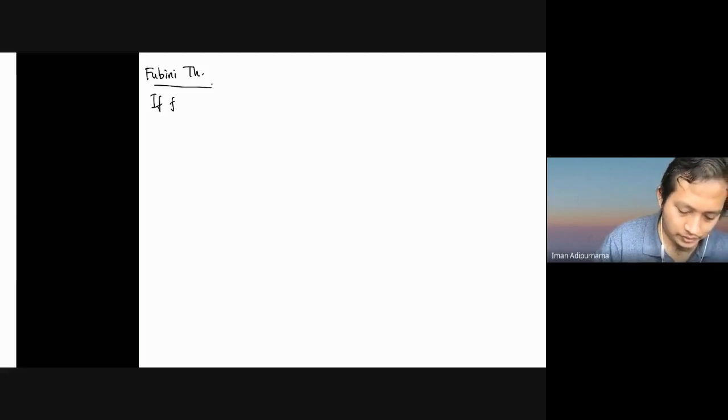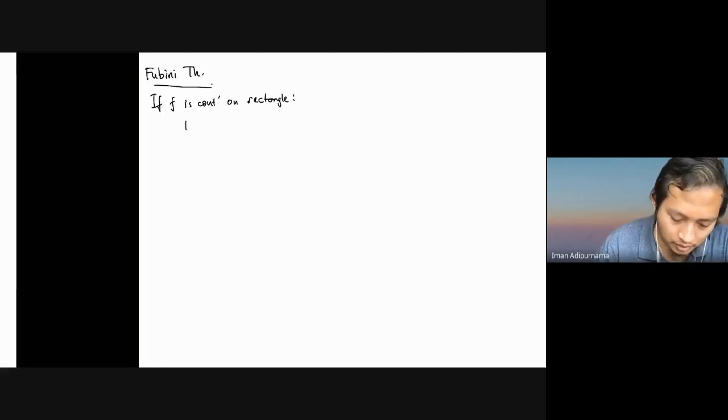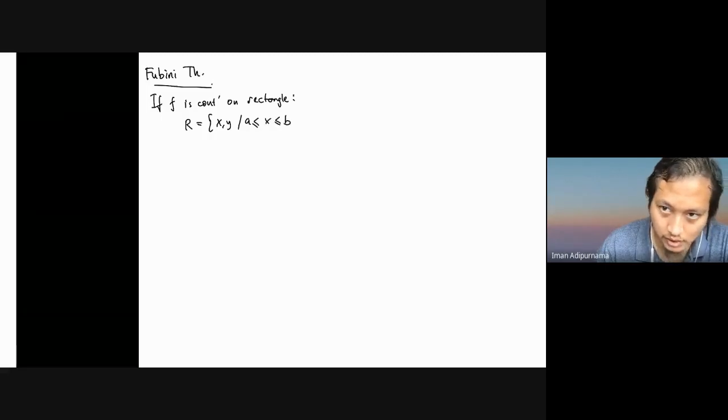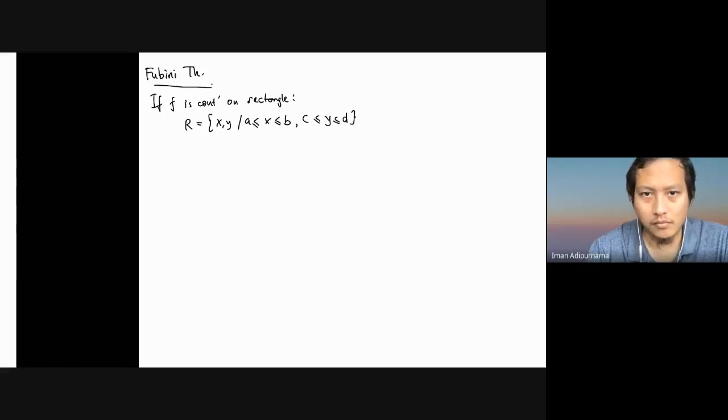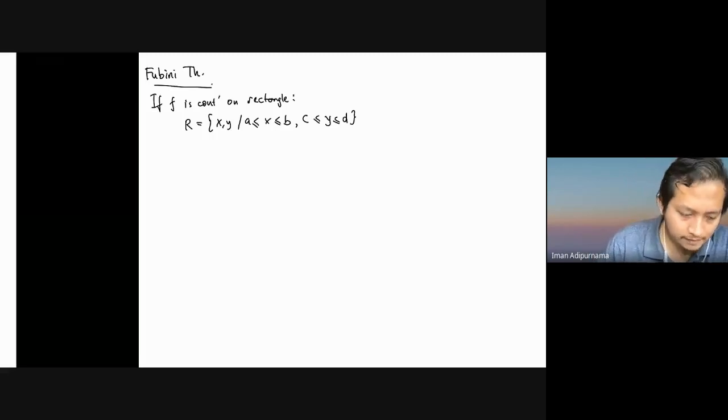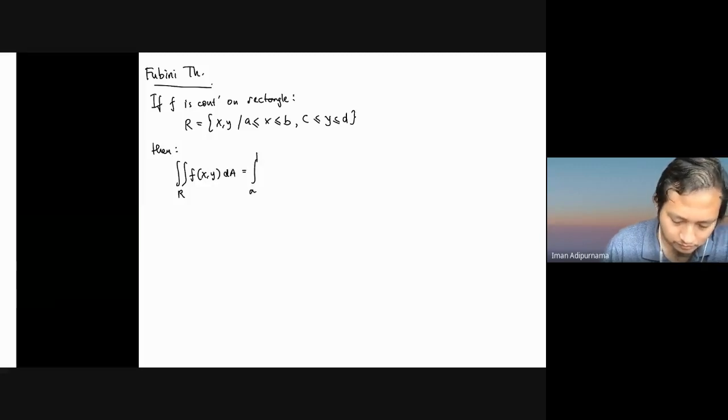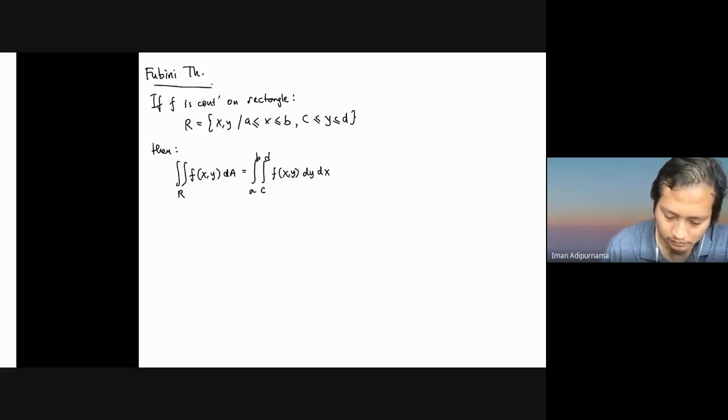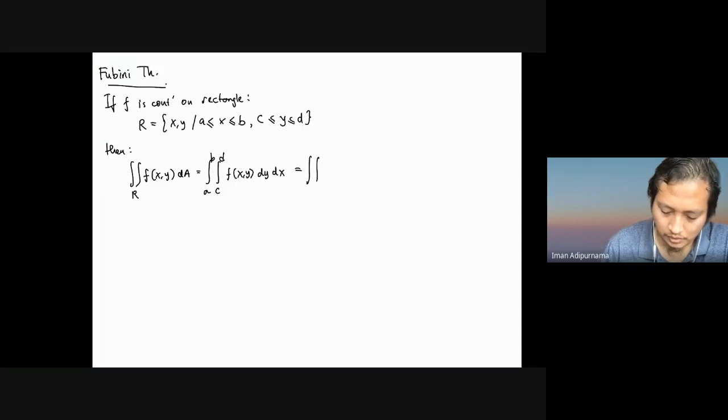So if the function is continuous on a rectangle R, which is on the XY plane, and you have all these endpoints, then it will be the same as when you flip the order.